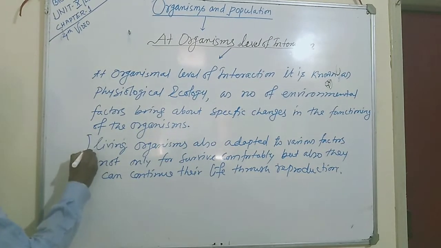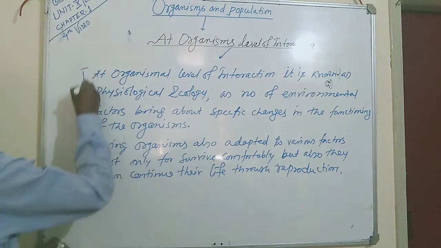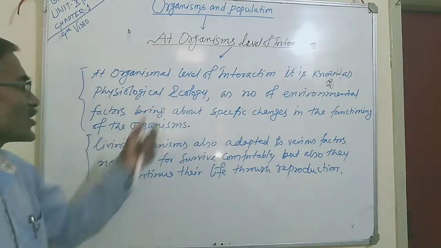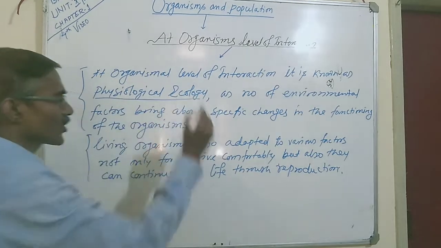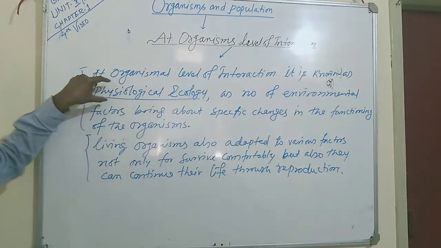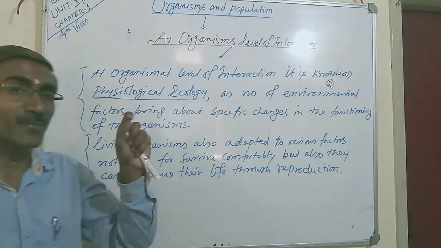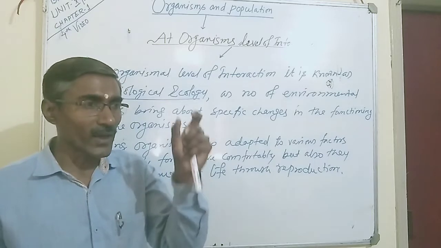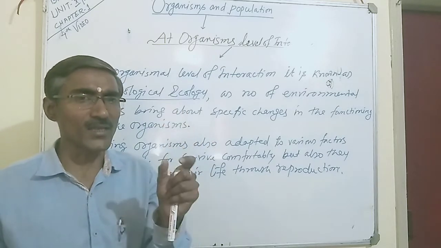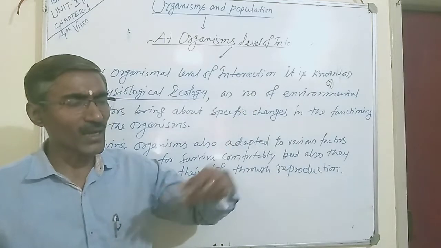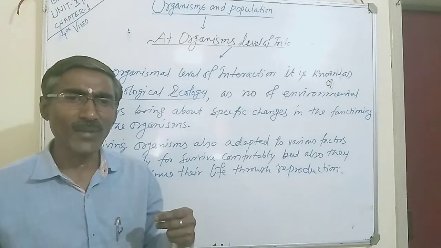So here the question is, at the organisms level, this interaction is known as physiological ecology. Why is it called physiological ecology? The organisms level of interaction is characterized as physiological ecology because it is a specific, individual level, where a single organism is affected by a number of physiological environmental factors.